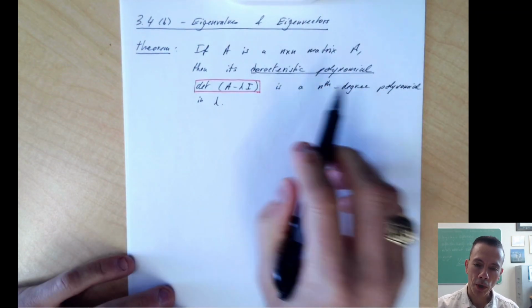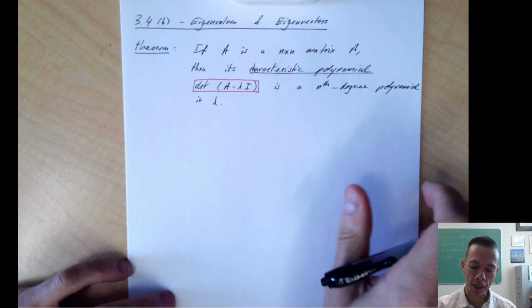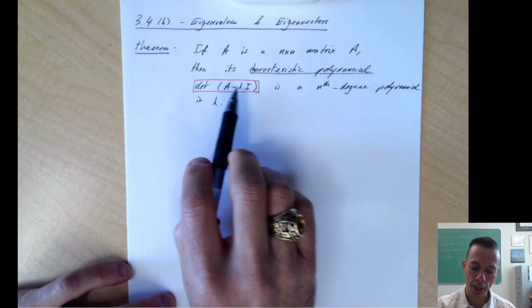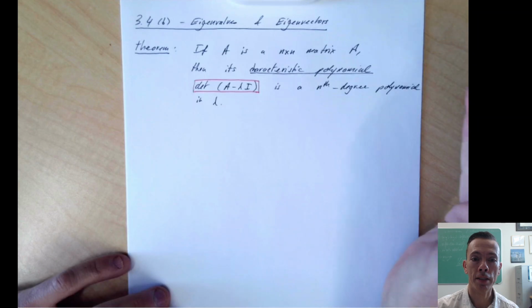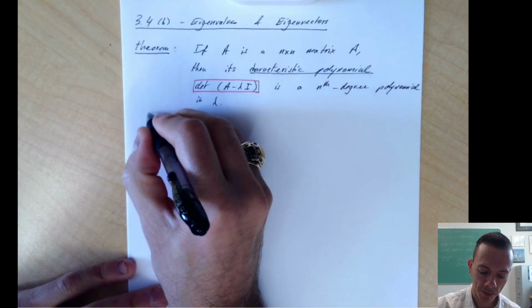If it's an nth degree polynomial, then the fundamental theorem of algebra implies that you will have n solutions, some of which may be repeated and some may be complex.